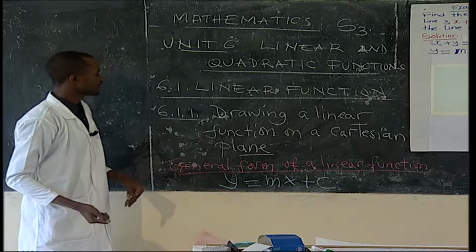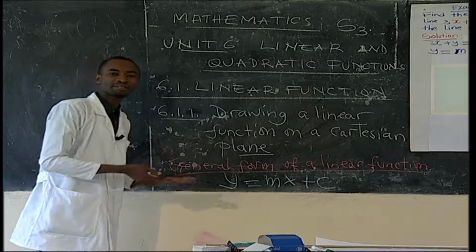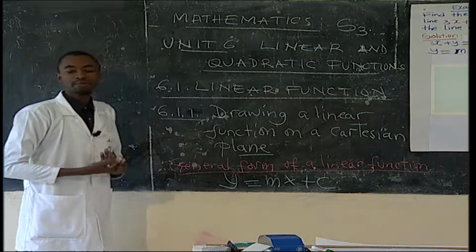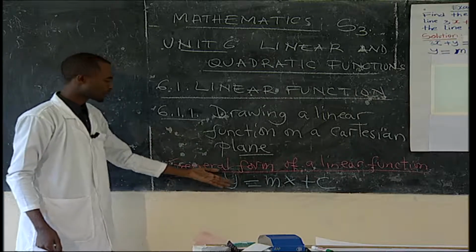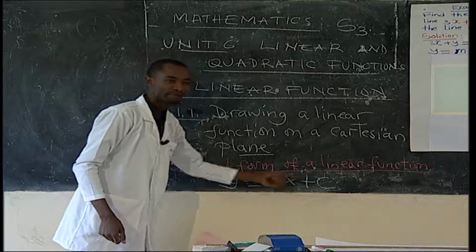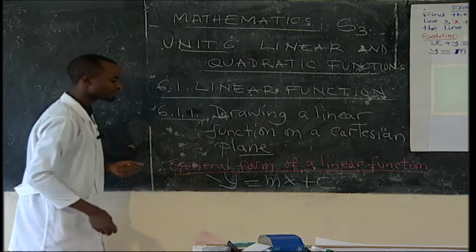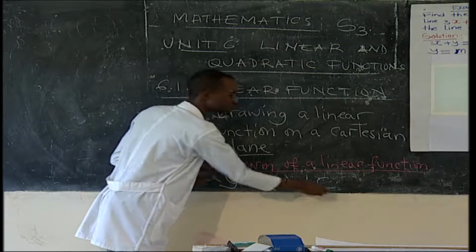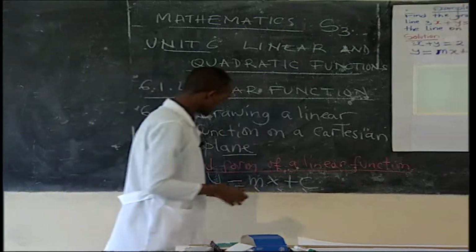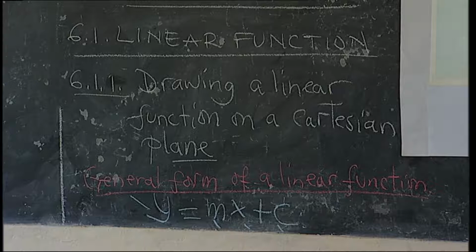And in this formula, you need to know which letter stands for what. As you can see, we have y equals mx plus c. At the end of the day, you need to know what is y, what is m, what is x, and what is c.